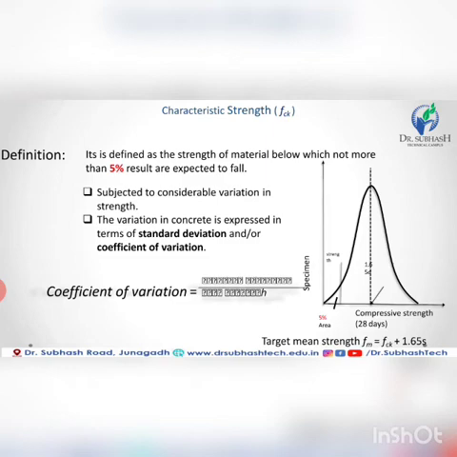The variation in concrete is expressed in terms of standard deviation and coefficient of variation. So coefficient of variation is equal to standard deviation divided by mean strength. The target mean strength is equal to fck plus 1.65 times standard deviation.